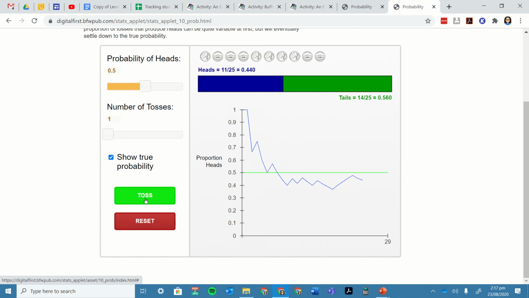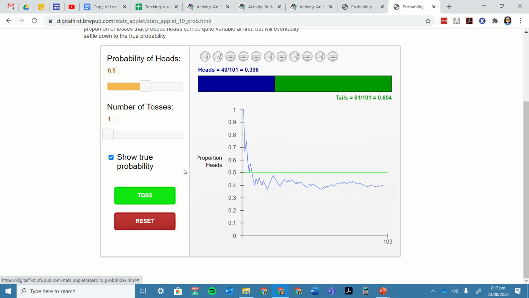But as I do more and more trials, I'm up to 27 now, we should see our data getting closer and closer to the true probability of 0.5. So let me go up to 100 trials and let's see where we get.